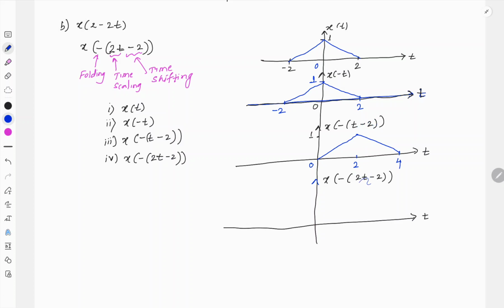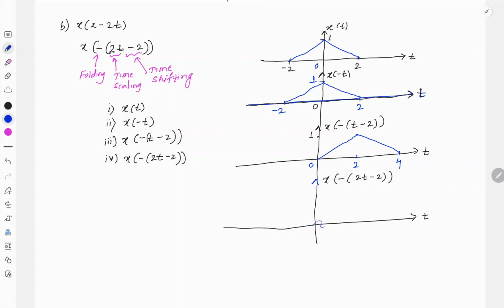Now in third case, we have to only apply the time scaling factor to the previous signal. So previous signal is starting at 0, ending at 4. So in this signal, we have to only do time scaling, and this factor is greater than 1. Hence, this signal will get compressed. Here, 2 is multiplied with t. Hence, in previous signal, divide every coordinate by 2 so that signal will be compressed.